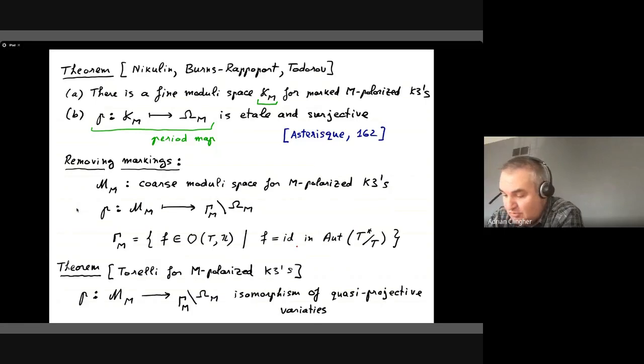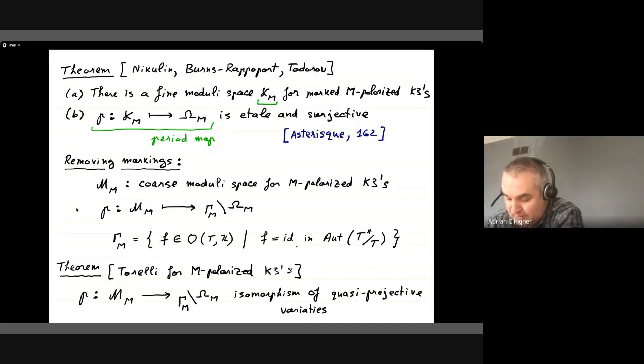So it's not an isomorphism for marked M-polarized K3 surfaces. However, if we remove the marking, we'll lose the fineness of the moduli space, but this period map becomes an isomorphism. So if I remove the markings and consider a coarse moduli space for just M-polarized K3 surfaces, then this is going to be a quotient of the fine moduli space.